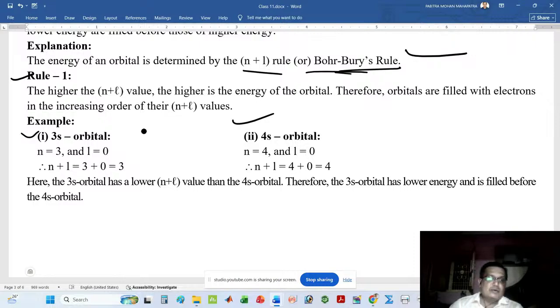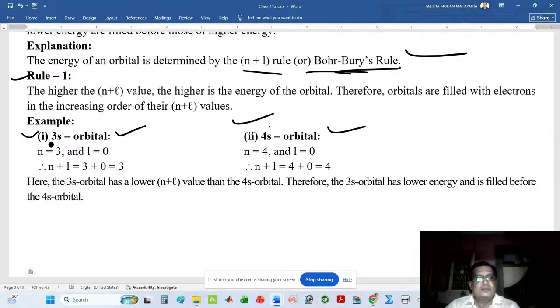If I find the n plus l value of each orbital and verify which has the higher value, then I can say that orbital has higher energy. Here one is the 3s orbital, another is the 4s orbital.